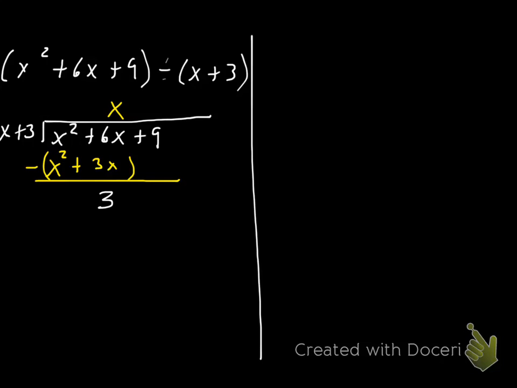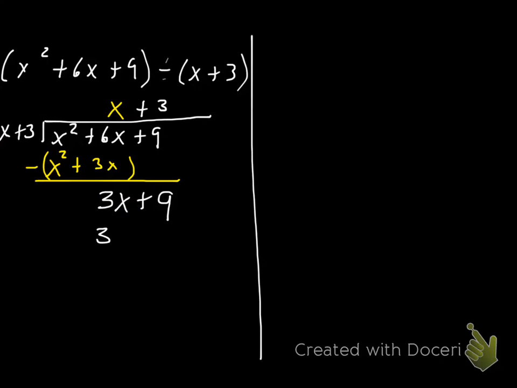6x minus 3x is 3x, and then we're going to bring down the 9. Just like in long division, you bring down the next term. Now we want to make a 3x from an x, so we need to multiply by 3. So we're going to say plus 3.